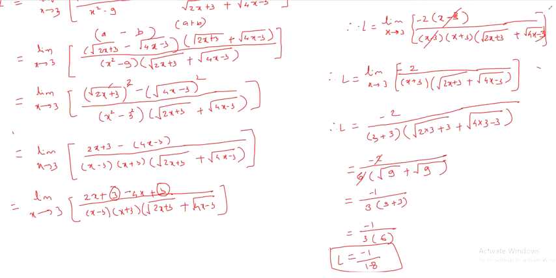So let us have one more example. Let us see how to solve it. Here let us consider the example: if both the numerator and denominator have irrational terms, then how to evaluate the limit of such a function.